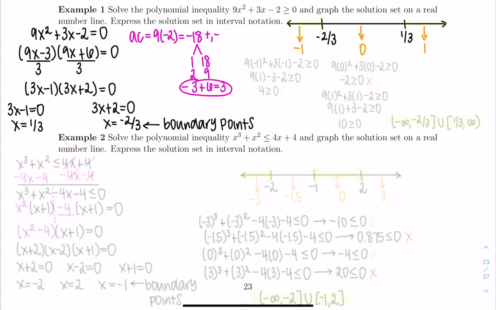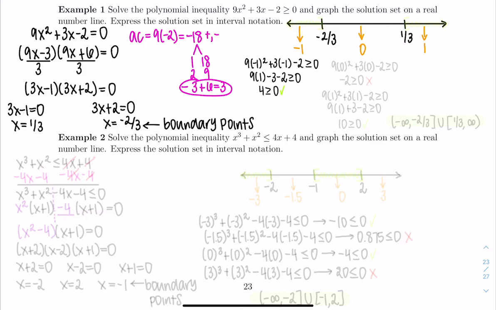We want to plug in each value and see if we get a true or a false statement. So we've got 9 times negative 1 squared plus 3 times negative 1 minus 2, and that should be greater than or equal to 0. This ends up giving me 9 times 1 minus 3 minus 2, which is 4, and 4 is definitely greater than 0, so this is a true statement.